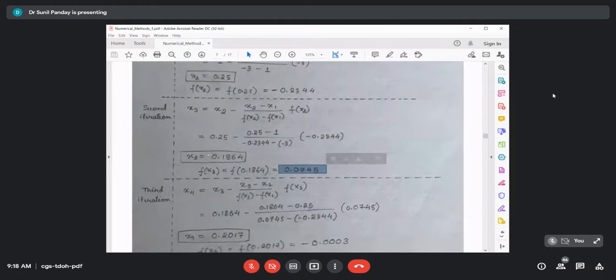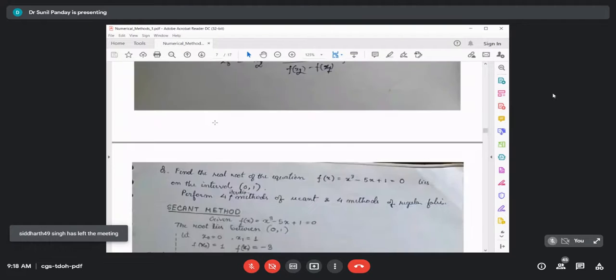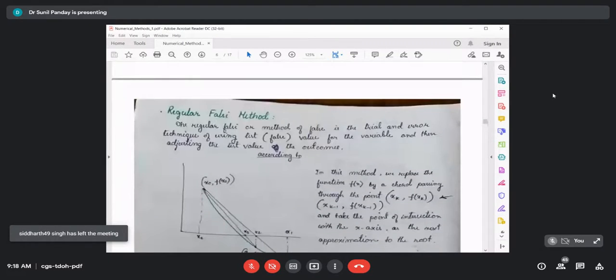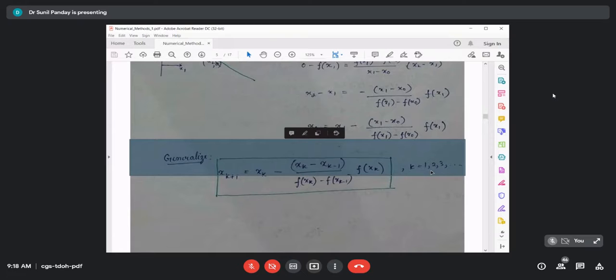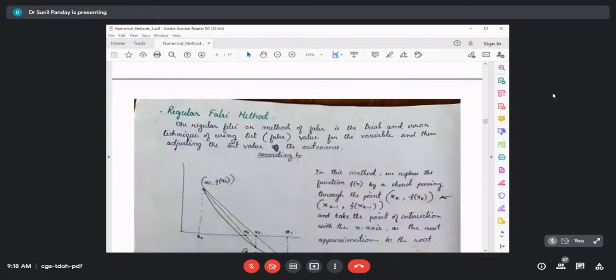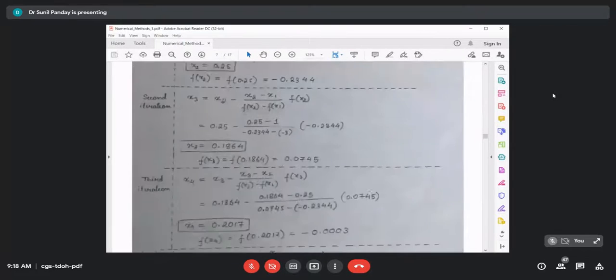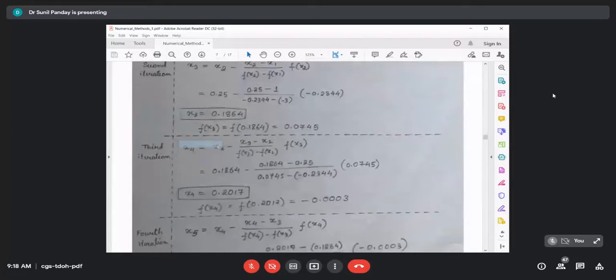Again, to calculate x4, in this formula we substitute k equals 3. If we substitute k equals 3, we get x4 equals x3 minus (x3 minus x2) upon (f of x3 minus f of x2) into f of x3.